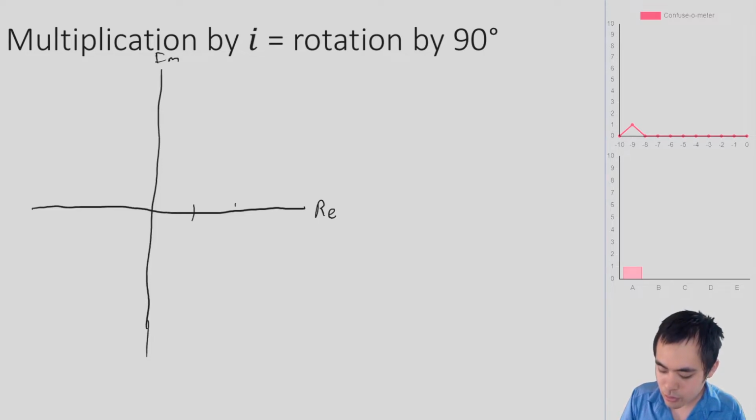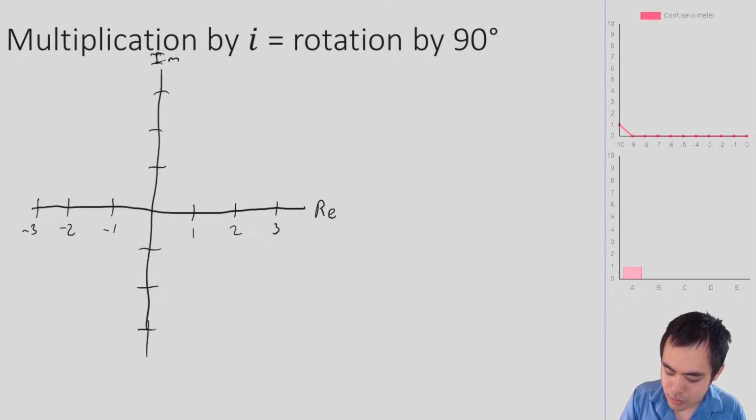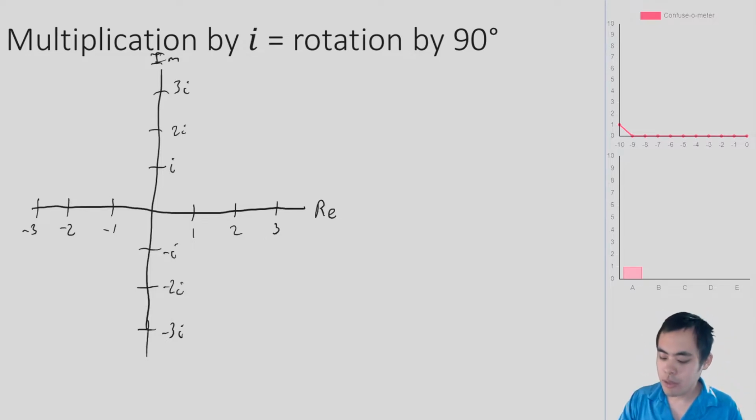Let's say 1, 2, 3, and minus 1, minus 2, minus 3 on the real axis, and i, 2i, 3i, minus i, minus 2i, minus 3i on the imaginary axis.